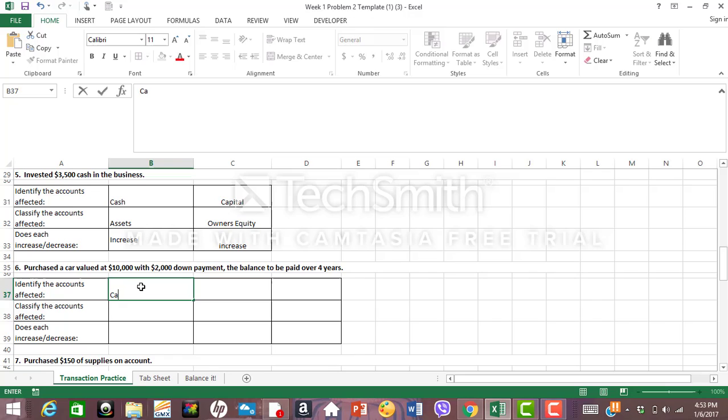So we have a car which is under assets, and the value of the car is $10,000, which means that it increases. And then we have a $2,000 down payment, which means that they paid cash, which is yet again under assets. $2,000, so the cash account decreases, and the balance will be paid over the next 4 years, which is accounts payable, which is under liability, and it increases.